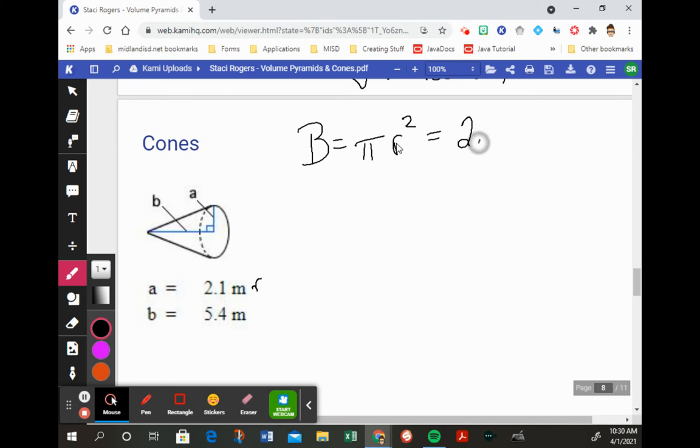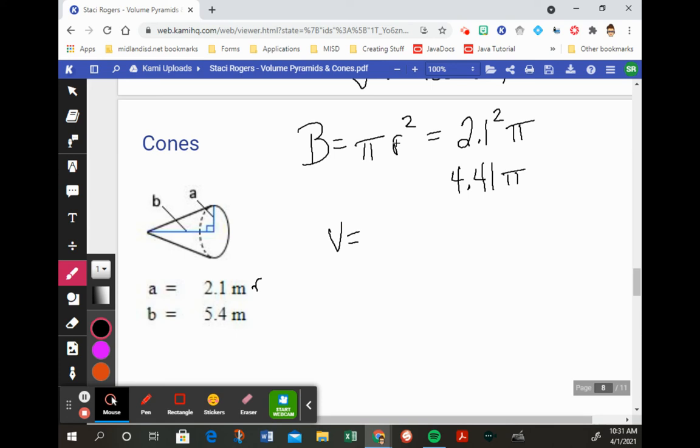So 2.1 squared times pi. 2.1 squared is 4.41, I think. Yeah, 4.41. 4.41 pi.